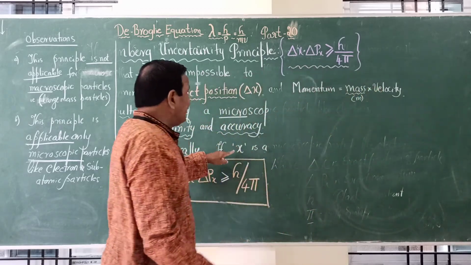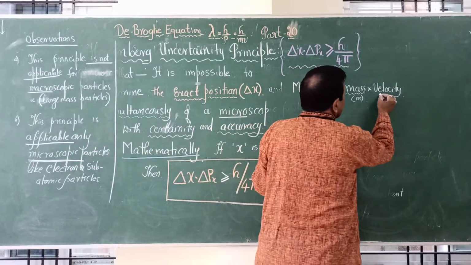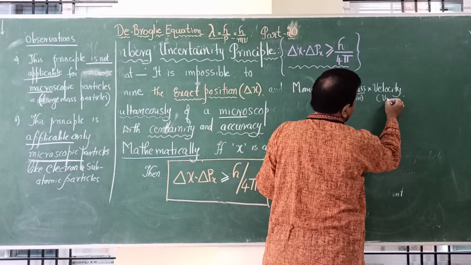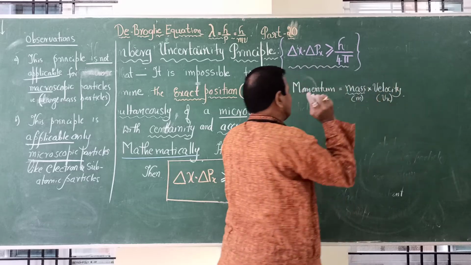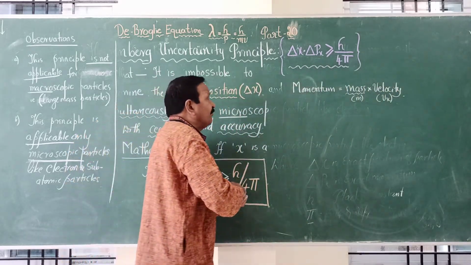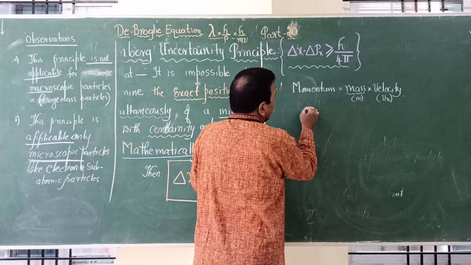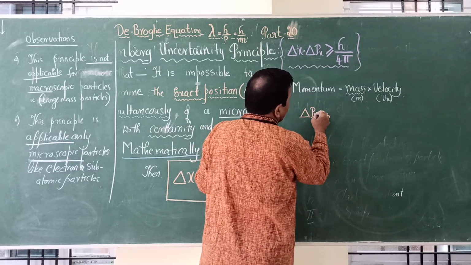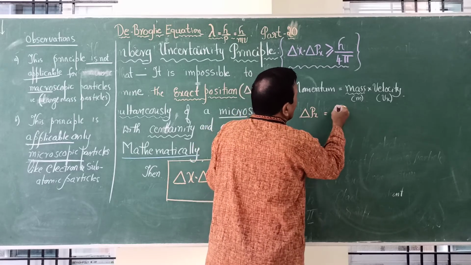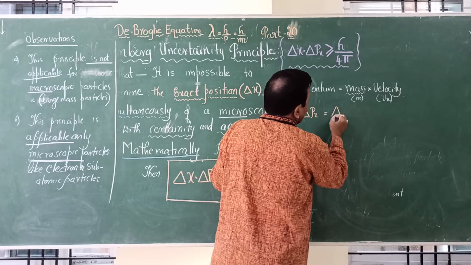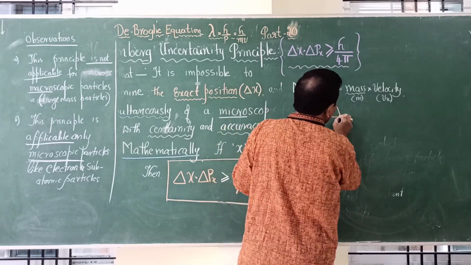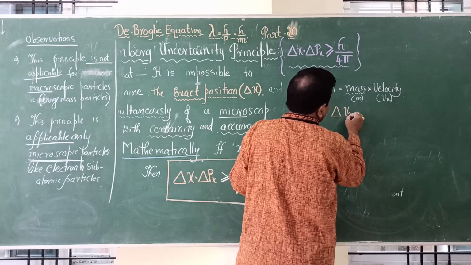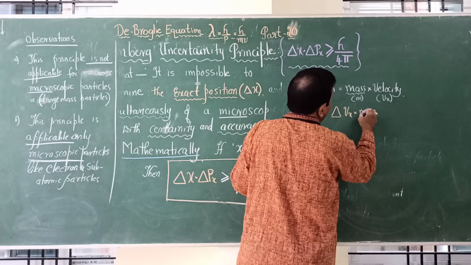If a particle is taken, its mass remains constant, there will be no change in mass. And if you take x as the direction, the velocity will be Vx. Therefore, your momentum, that is delta Px, will be equal to delta Vx into m.